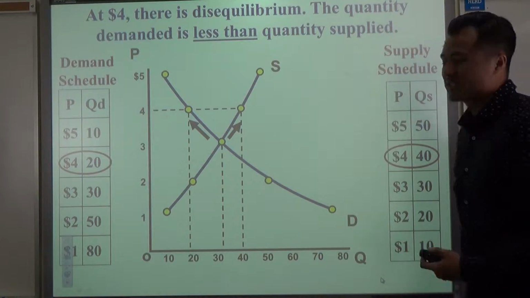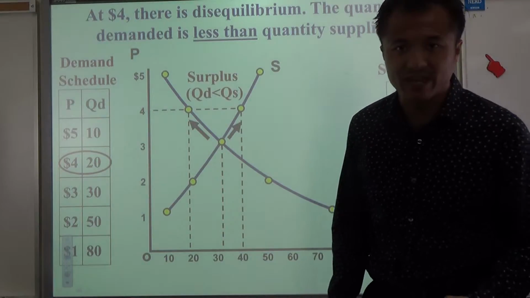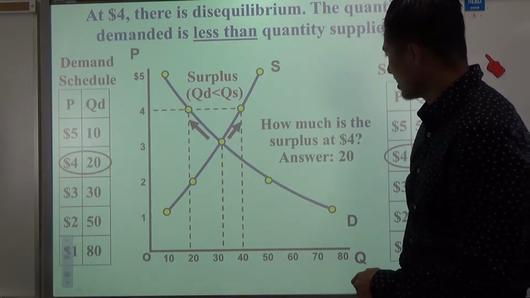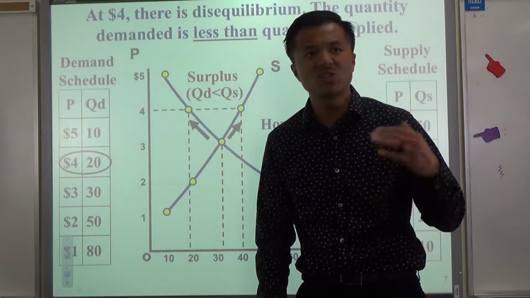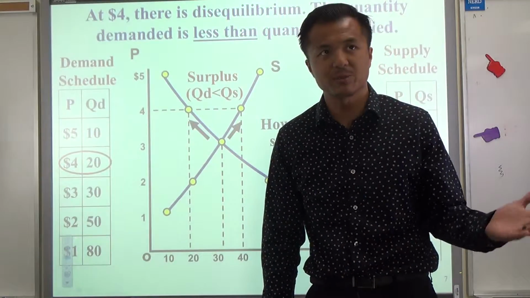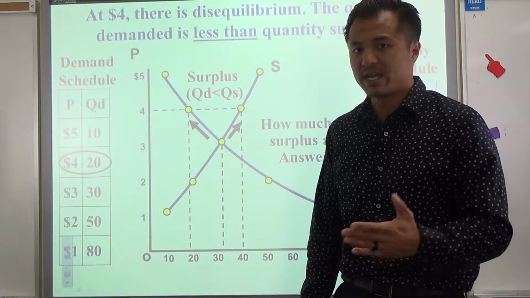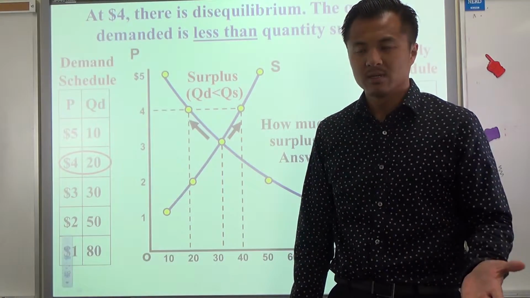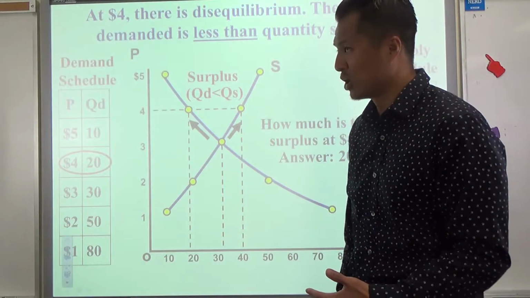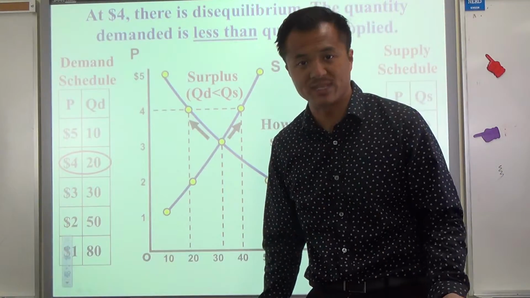Now, what's the problem? The problem that we arrive at is what we call a surplus. A surplus is when we have too much supply than demand. Now, is that a good thing? No, it is not a good thing. In fact, a lot of people would think it's kind of wasteful, right?